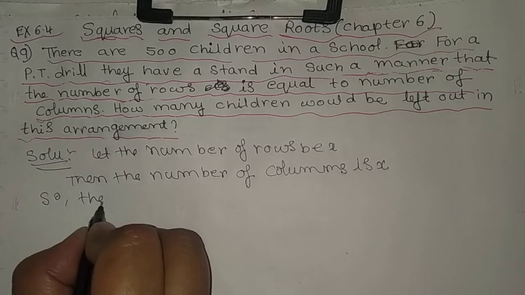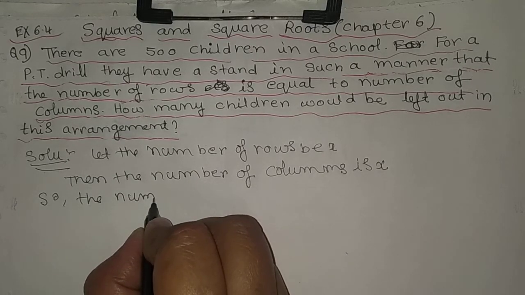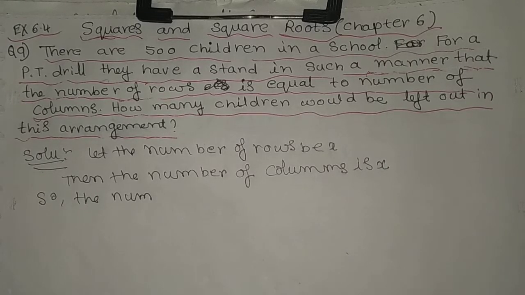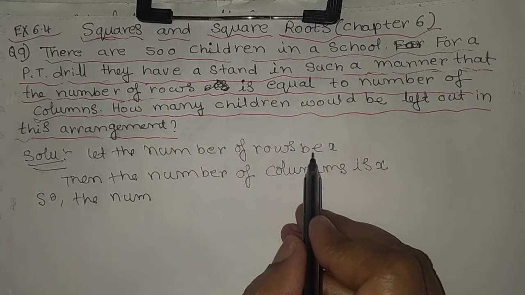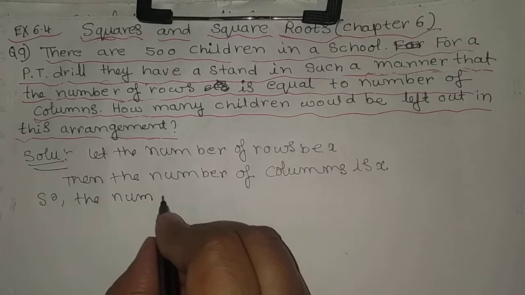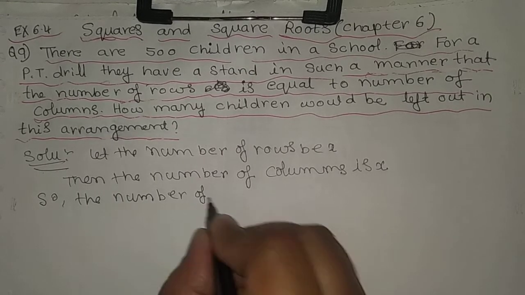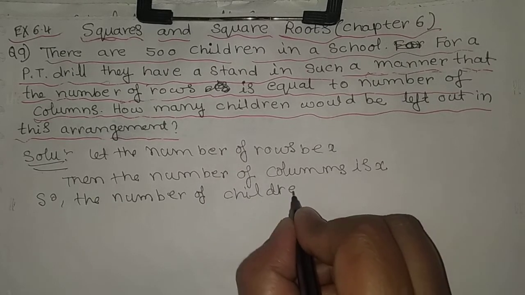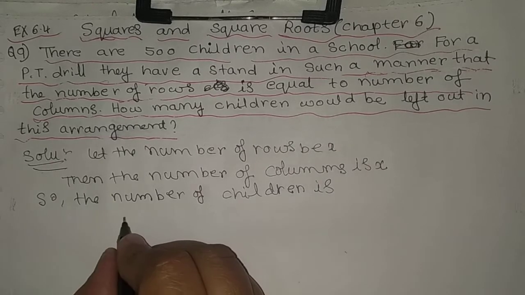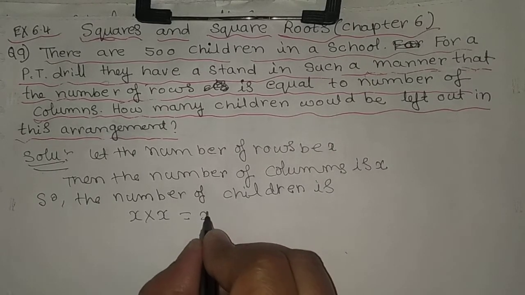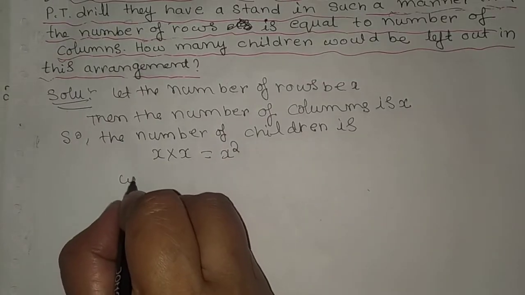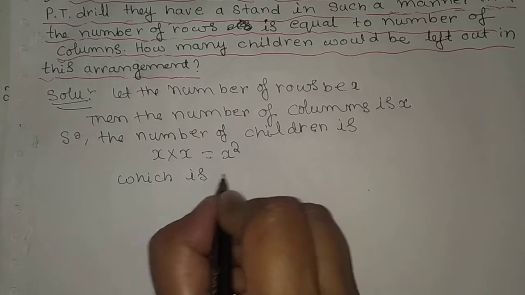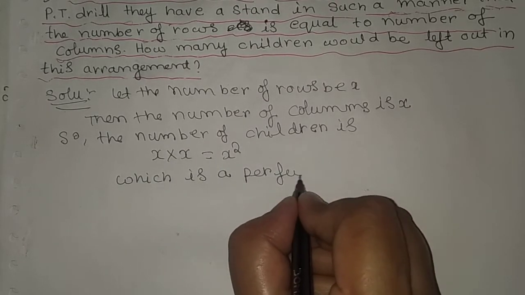So the number of children, this is the 9th problem, will become x into x is equal to x square, which is a perfect square.